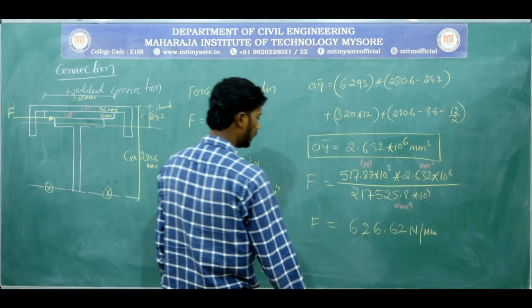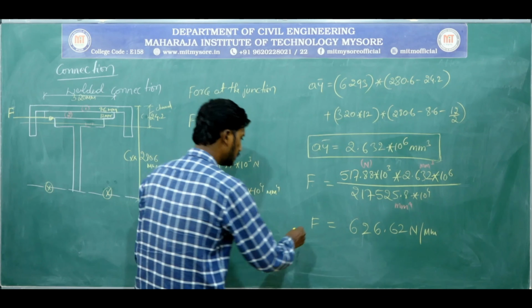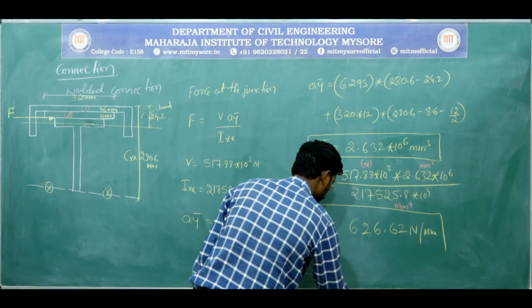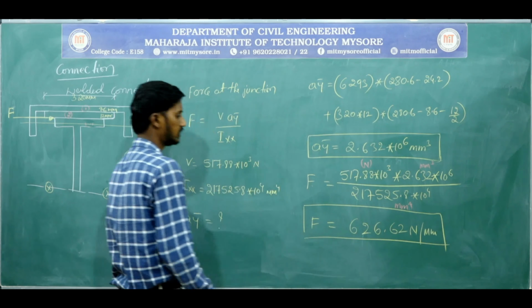So the remaining unit is Newton per millimeter force. Right. So now let us equate this force to calculate the size of the weld.